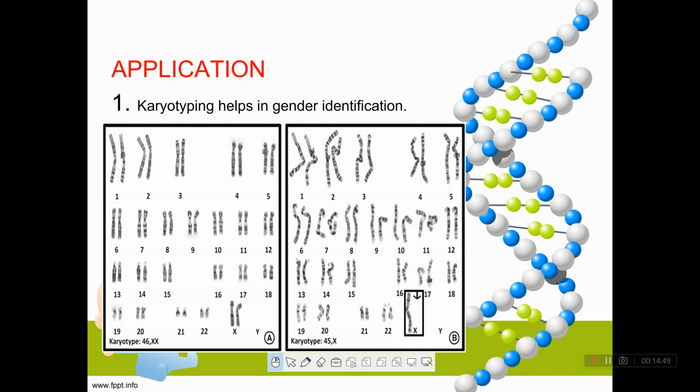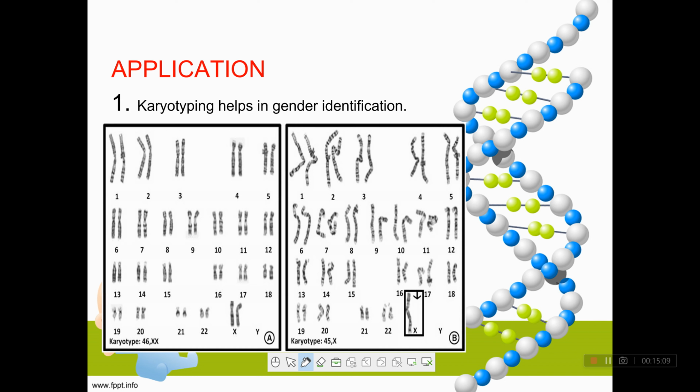Application. First, karyotyping helps in gender identification, right? By seeing the chromosomes under the microscope, we identify whether this is a male or a female.